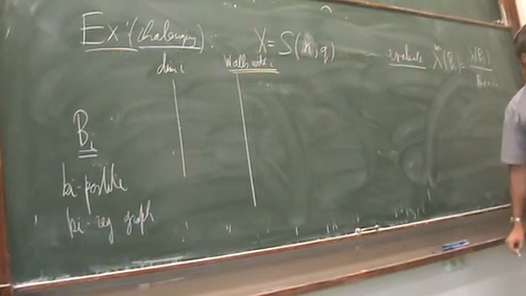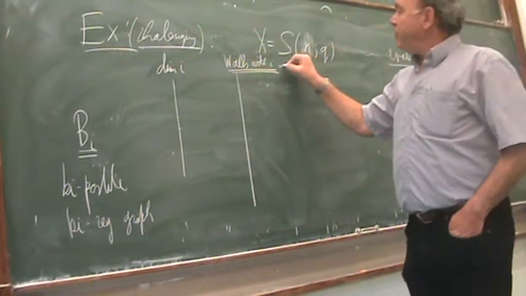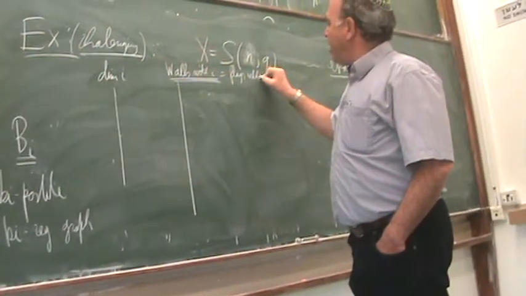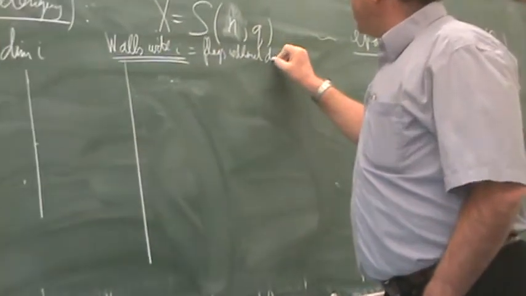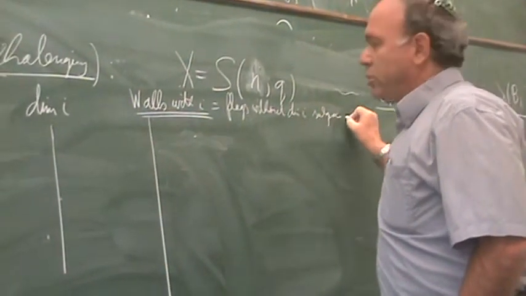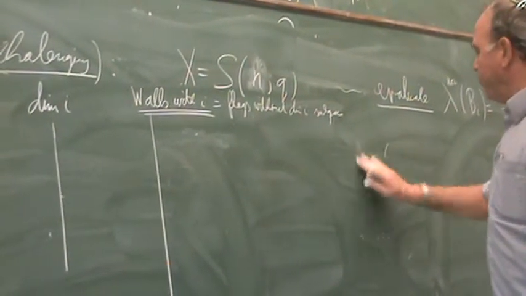All the walls without i, which means flags without dimension i subspaces. So on one side we'll have some W's of dimension i.